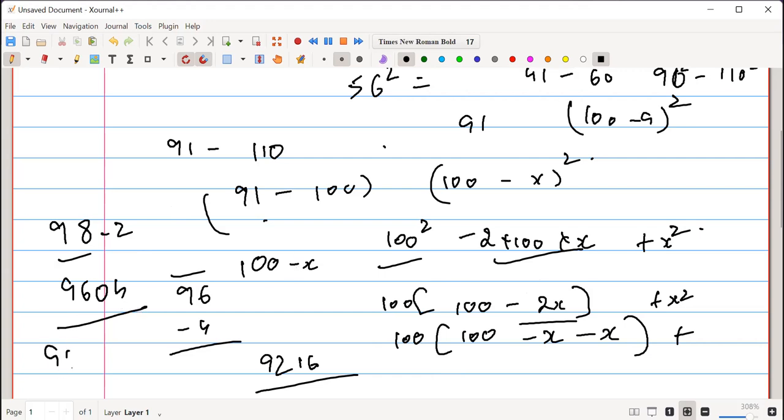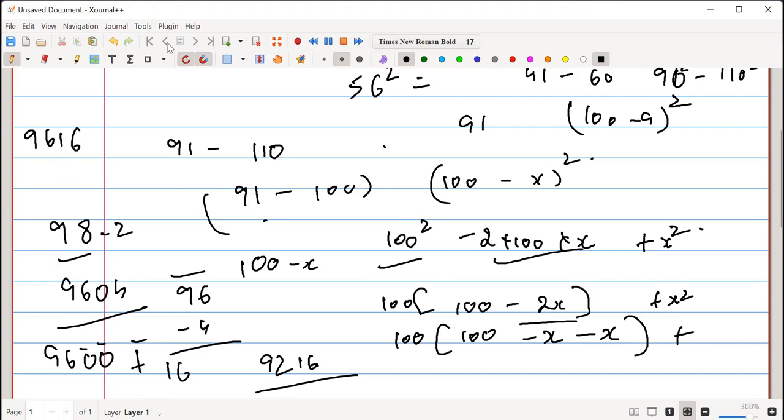That is 96 double 0. 96 into 100, 9,600 plus only b squared is 4. Writing these characters is also high for me. It takes 3 to 4 seconds. I don't want to waste those 3 to 4 seconds too. So only 96 I'm writing, directly giving the square and getting the answer.